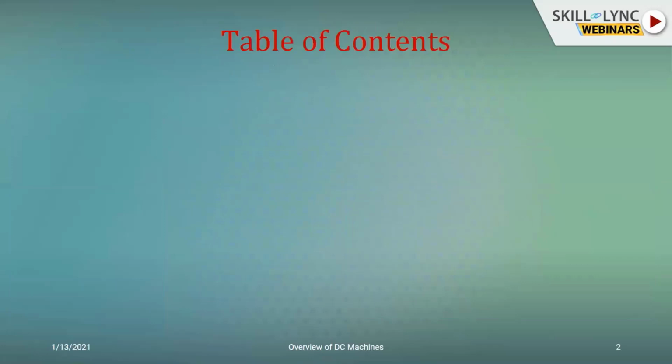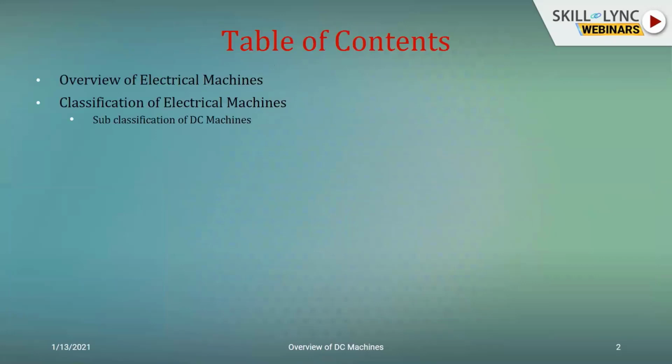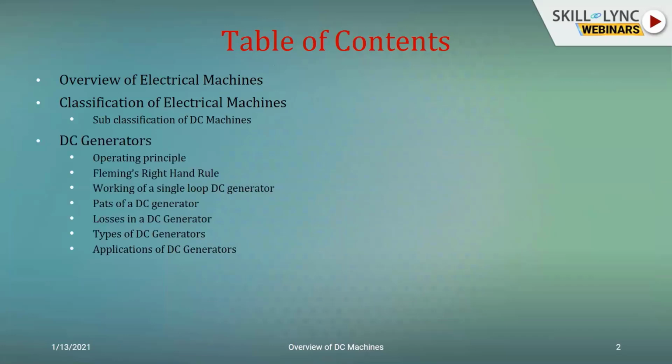Accordingly, I'll be basing my talk on the overview and how it is broadly classified. Since we are talking about DC machines, we will be classifying them as DC generators. So how it operates, what are the laws that govern its operation, what are its components, what are the tentative losses, because as you all know, it is very far away from the ideal conditions wherein 100% of the input gets delivered to the output.